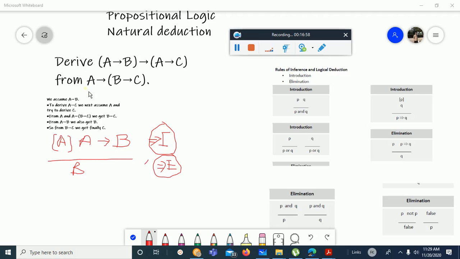Now we have this rule, A implies B implies C. So using the elimination rule, we will get B implies C. So here we have used the elimination rule.